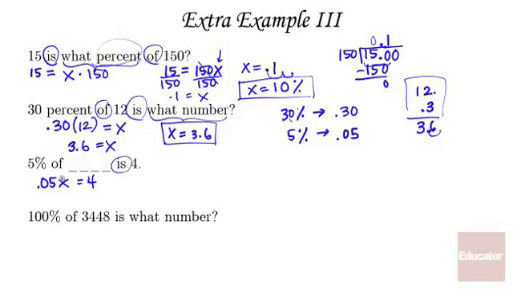Again, I have to solve for x, which means I have to divide 4 by 0.05. I have a decimal point here, so I have to move it. 1, 2. There's my decimal point. I'm going to move it. 1, 2. Bring it up. Fill in these spaces with zeros.